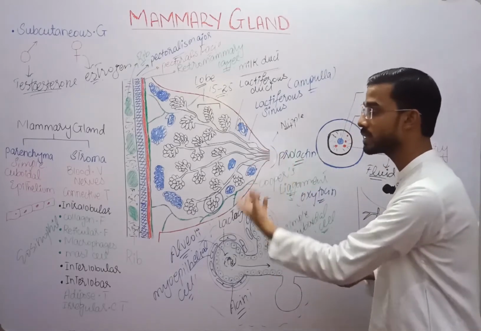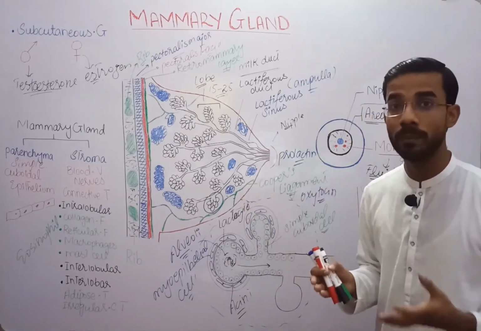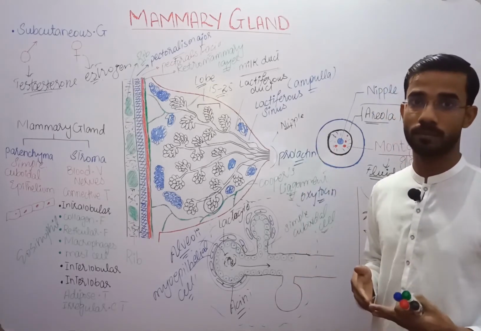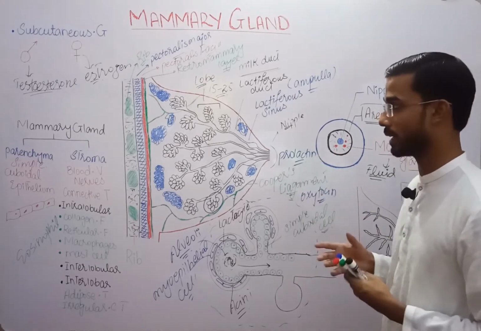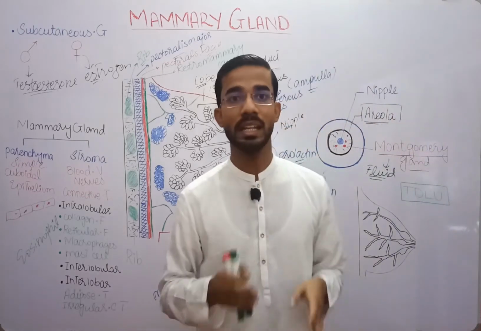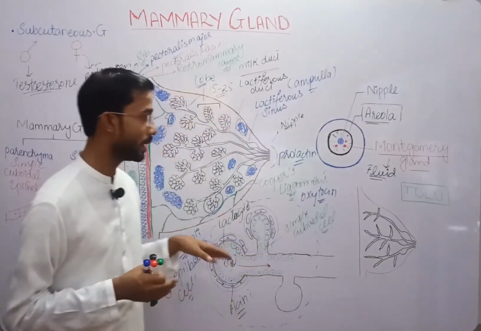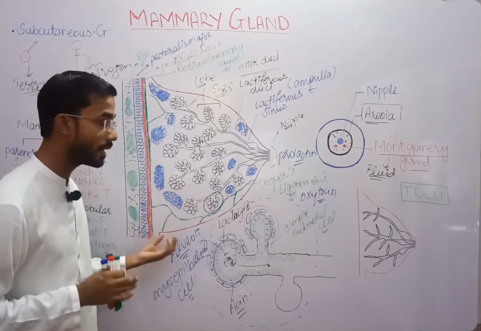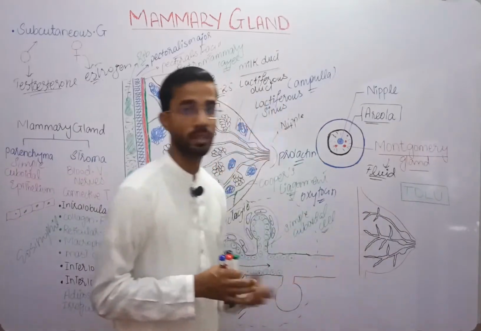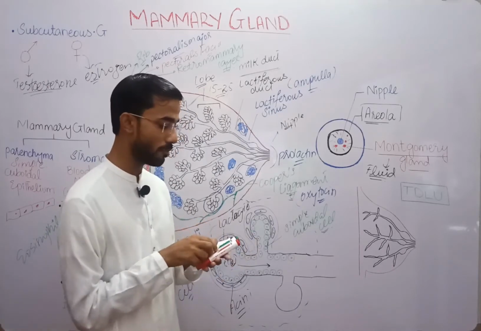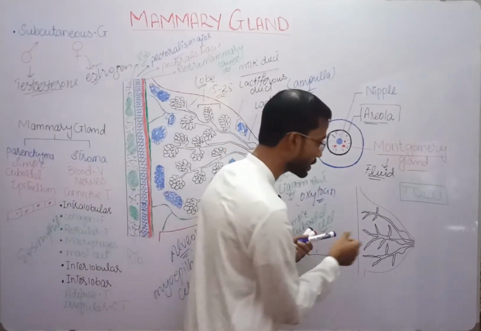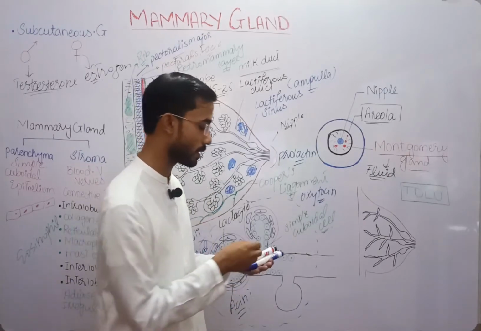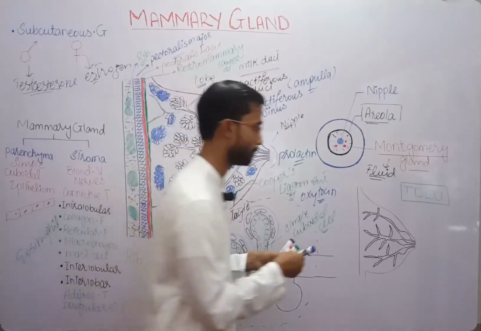So this is the structure of the breast during pregnancy, the second trimester of pregnancy. But in the inactive form, these lobes are not present. Instead, there are several ducts present in the inactive mammary gland, and drooping of the breast occurs in the inactive form.